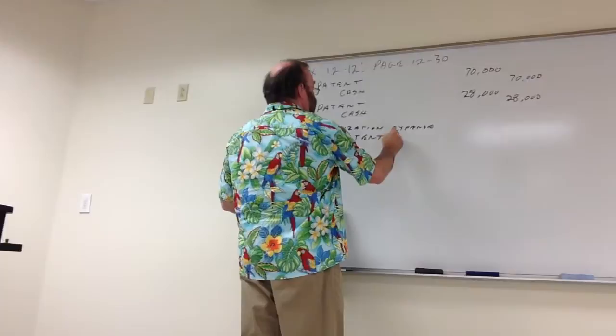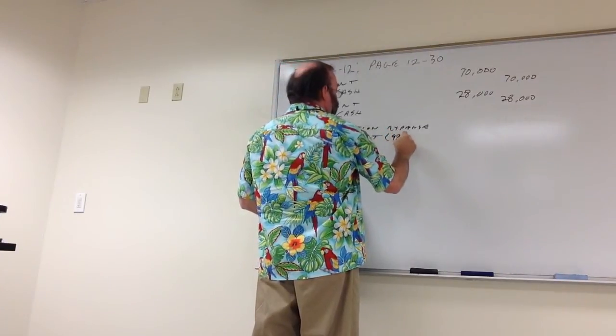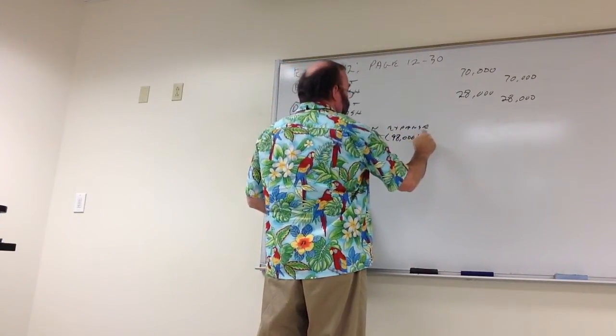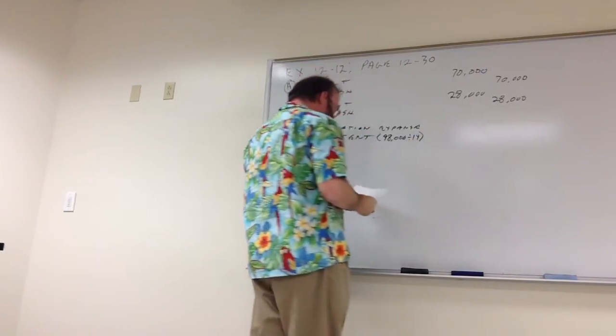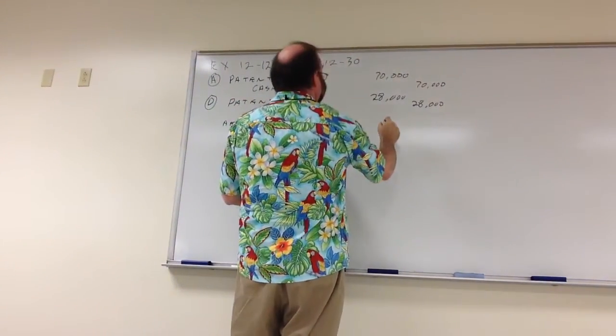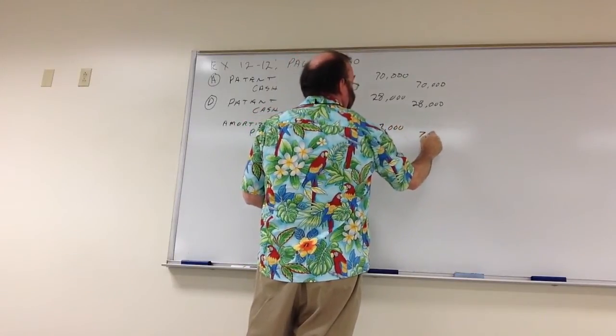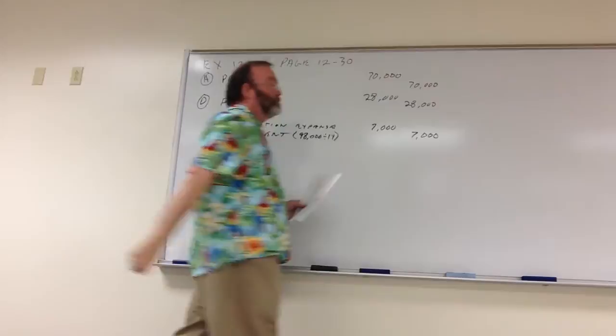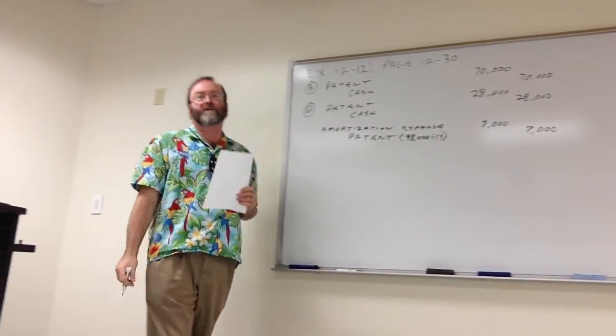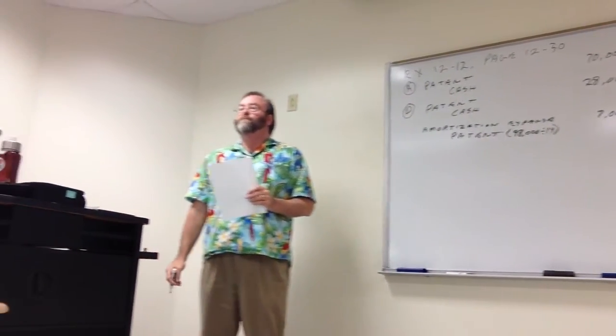You bought it in 2007, it's now 2013. It's been 6 years. So if you take the 98,000 and divide it by 14, that's the remaining life, you get $7,000. Everybody understand that first one? Yes? I know it's cold and rainy today.